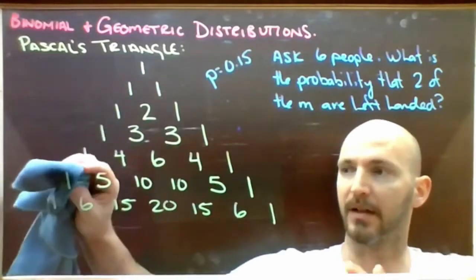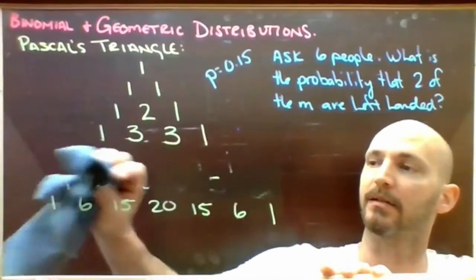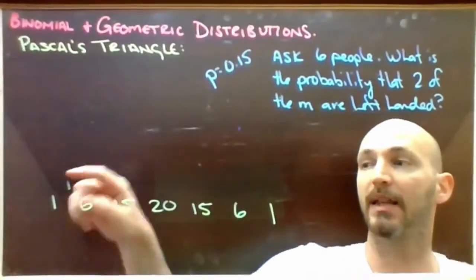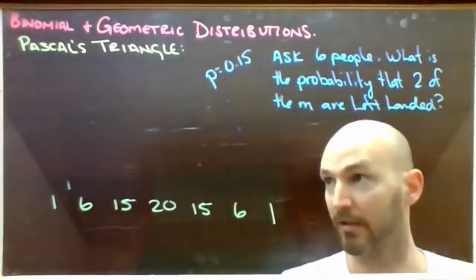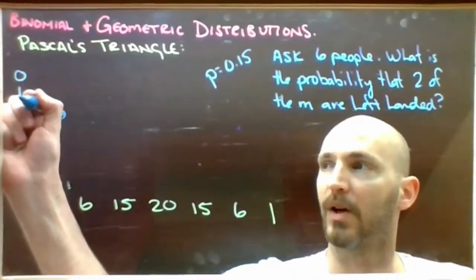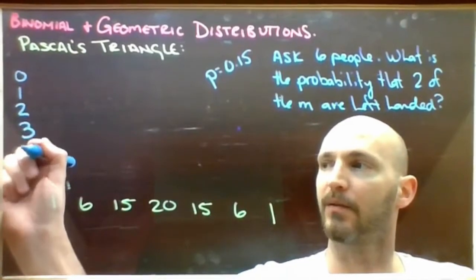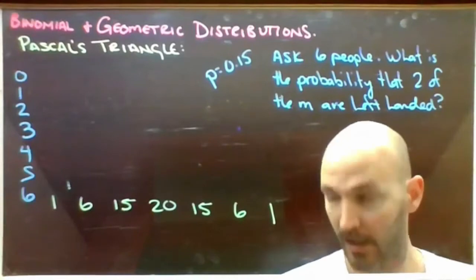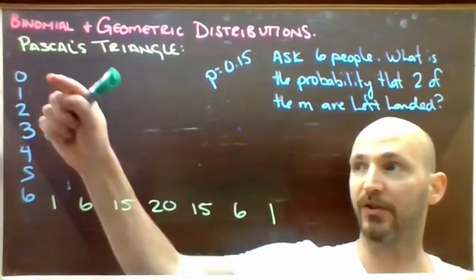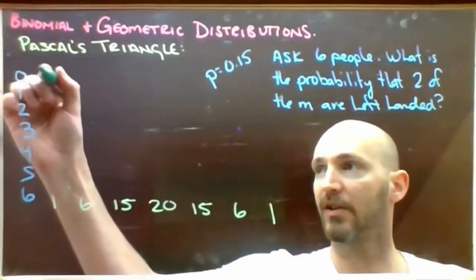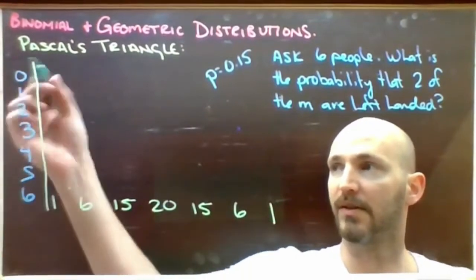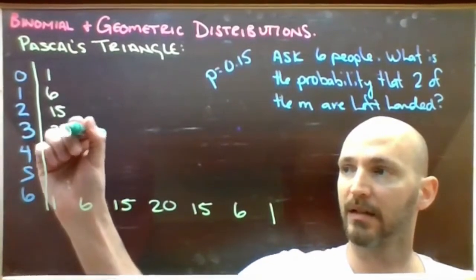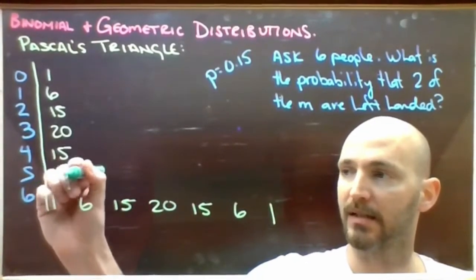I'm going to erase this up here and use the space. Just quickly building the chart for this distribution, I need to map these coefficients into the beginning of each of these categories. So 1, 6, 15, 20, 15, 6, 1.